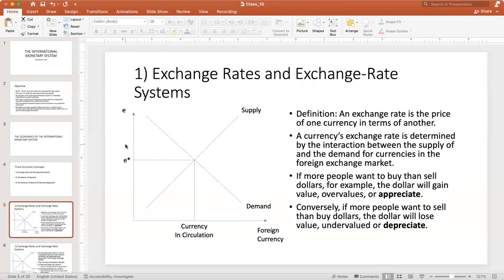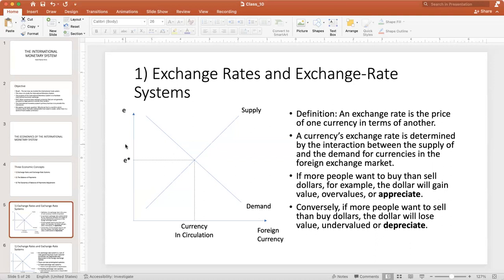So if you want to travel from the United States to, I don't know, Europe, you cannot use dollars in France, in Spain, or in Germany. Why? Because those countries use the euro as a currency. So if you want to buy something in those places, you have to exchange your dollars to receive euros.